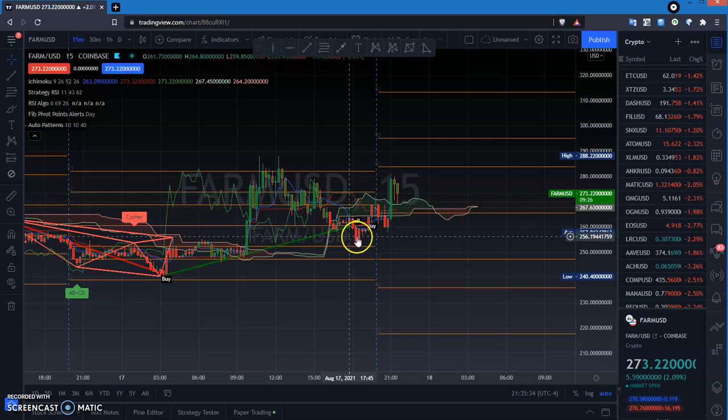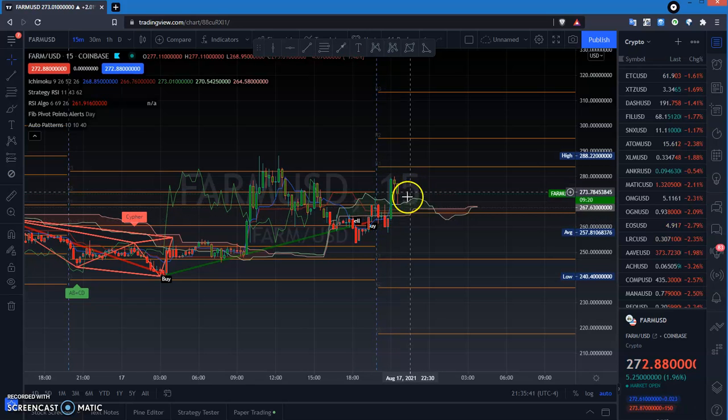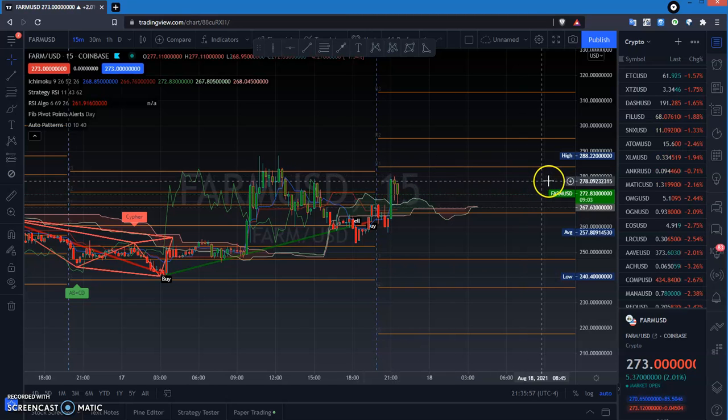The algo said to buy here, which it said at 7:30. It told you to buy at 7:30. Look where it is. The buy notification came in at 259. It's now at 2, it hit max 280, just a tick under 280. So 280 seems to be a significant round number.